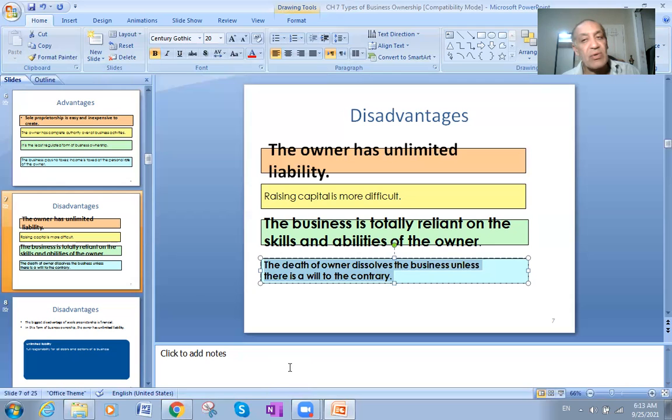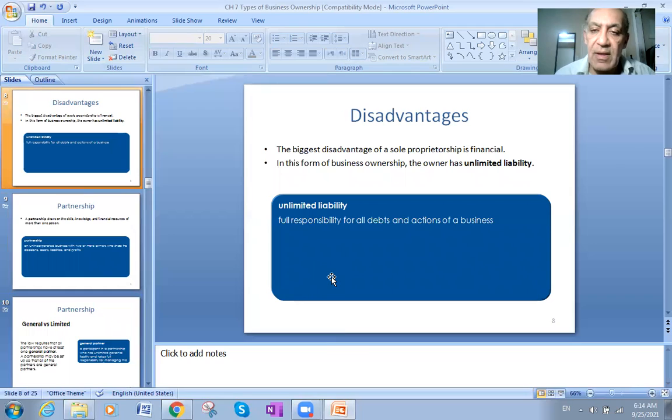There is no business anymore in that case. So the death of the owner dissolves the business unless there is a will to the contrary. If something else happened, but in all cases, once he died, the business will stop. So this was also one of the disadvantages of the sole proprietorship.